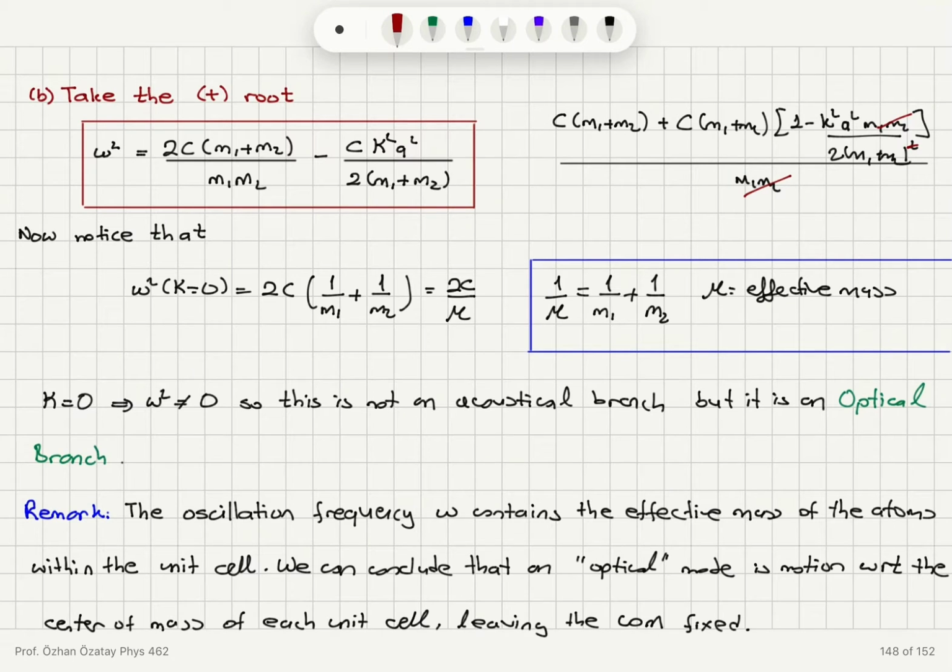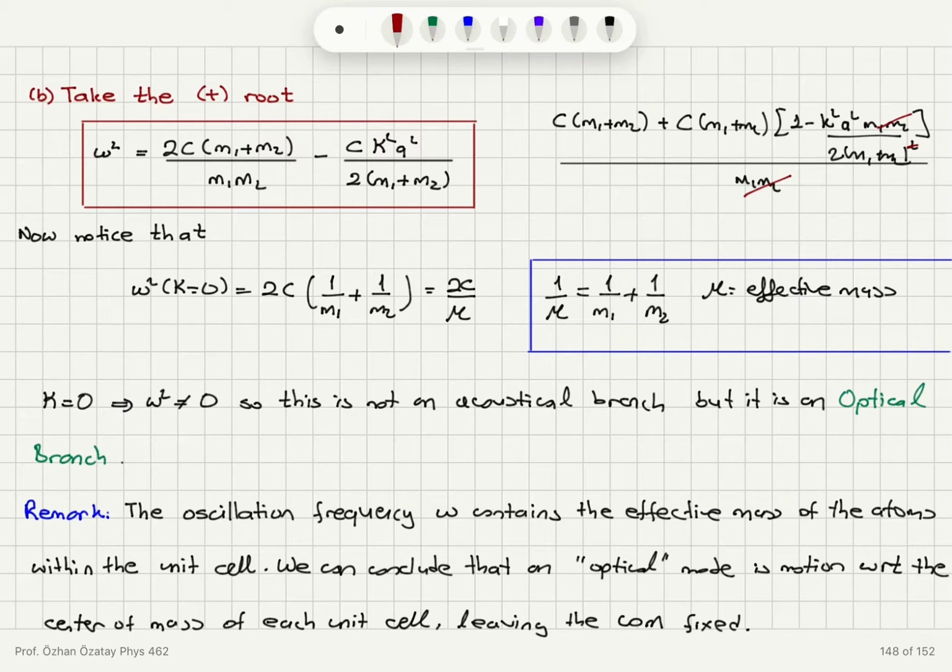So when I set k equal to 0 here, omega squared is not equal to 0. So it's not in the form of the sound wave, so it's not an acoustical branch, it's called an optical branch. So here the oscillation frequency, angular frequency omega, contains the effective mass of the atoms within the unit cell.